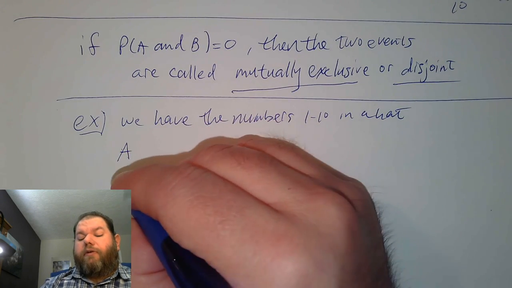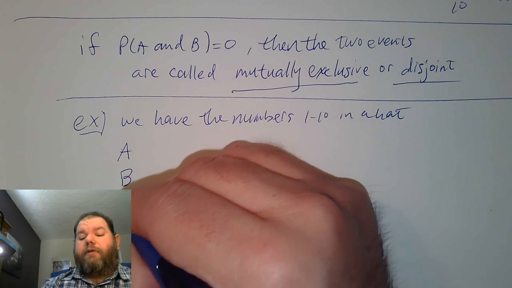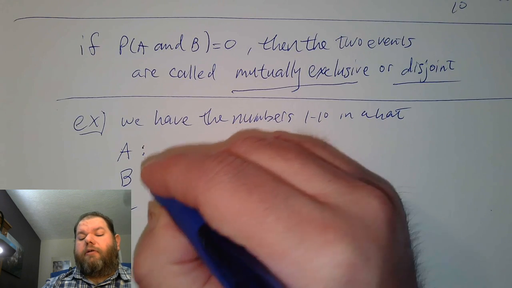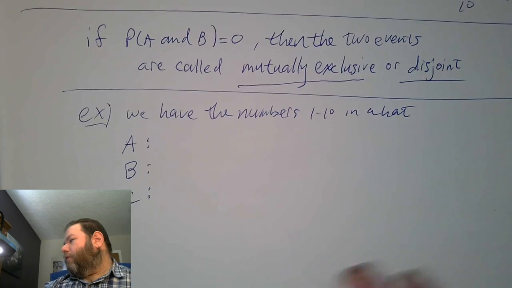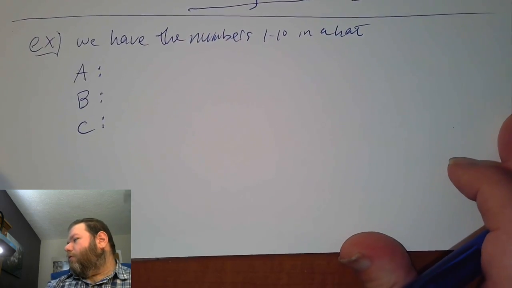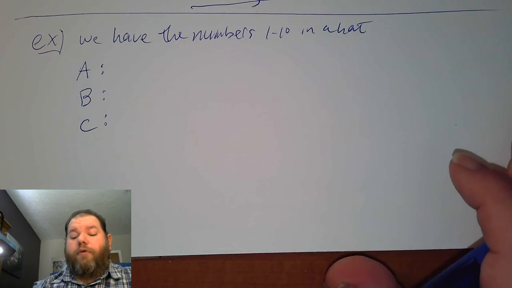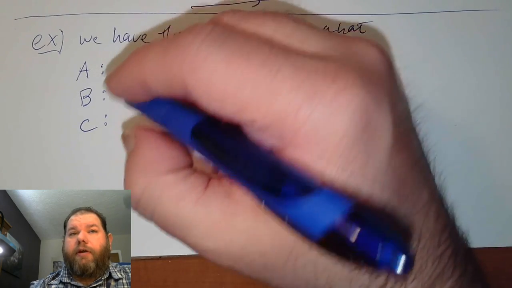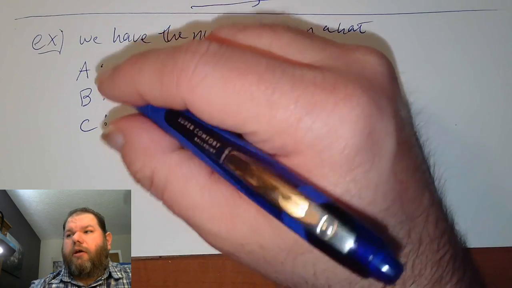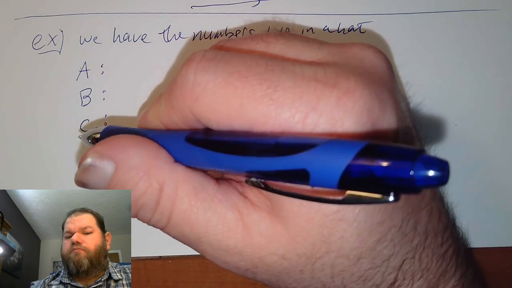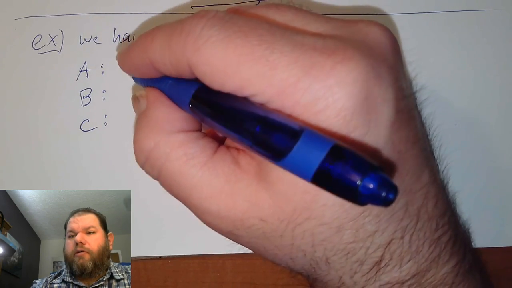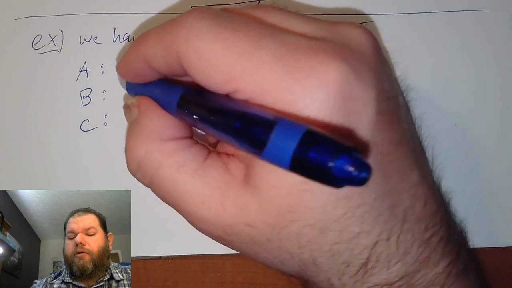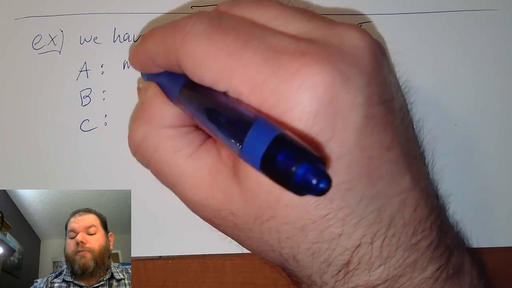This time we're going to define 3 events, A, B, and C. For event A, this time let's use multiples of 5.